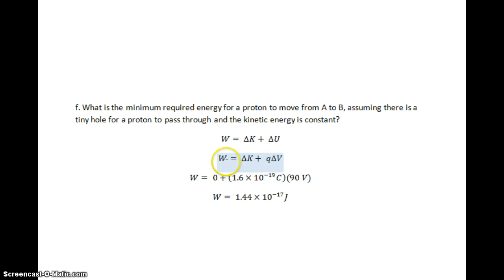So if our kinetic energy stays the same, we can use 0 for that because there is no change, and we have the charge of a proton is 1.6 times 10 to the negative 19 coulombs, and we multiply that times our 90 from our part E of our equation where we found the potential, and we'll get 1.44 times 10 to the negative 17 joules.